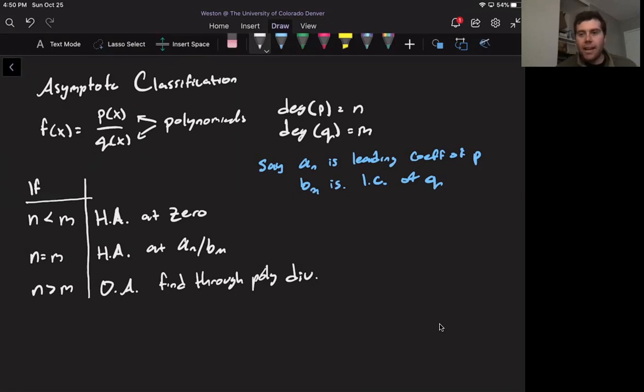In a sense, x and x plus 1 are growing at the same rate, so they get close to each other. If it was x divided by 2x plus 1, that implies a horizontal asymptote at 1/2, because we can think of the bottom as twice as great as the top. So the asymptote has to be at 1/2.